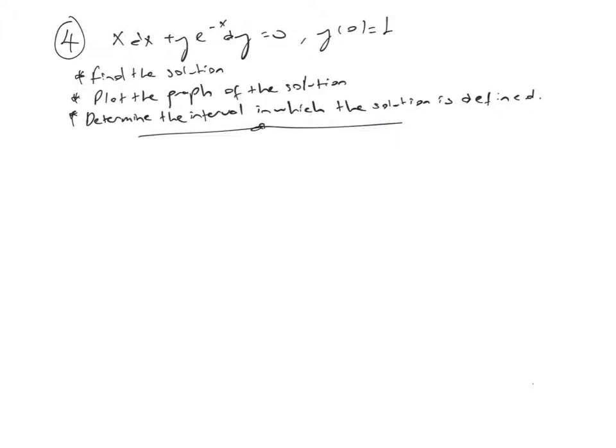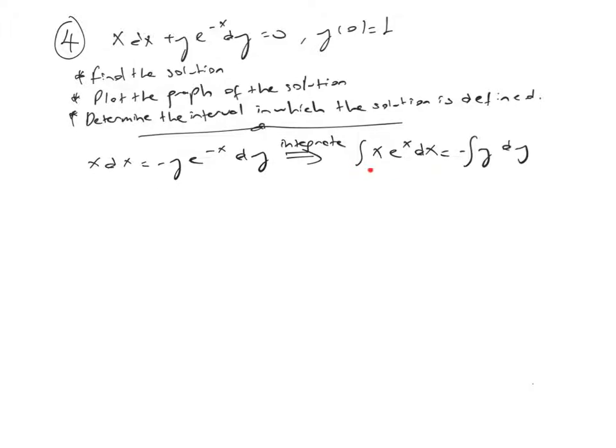We can write our differential equation in this form: x e to the x dx is equal to minus y dy, and if we integrate both sides we get integral x e to the x dx is equal to integral minus y dy. And here, if we use the partial integration method, we get x e to the x minus e to the x is equal to minus y squared over 2 plus c.